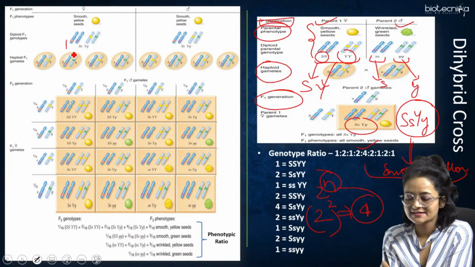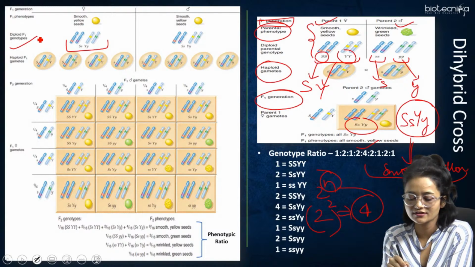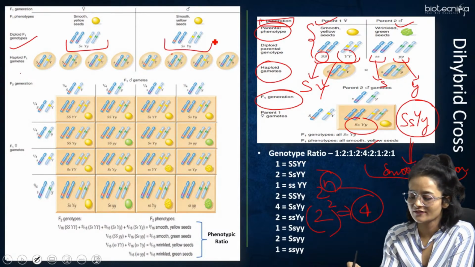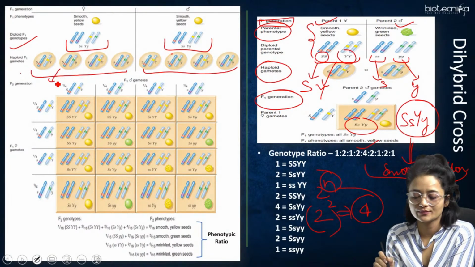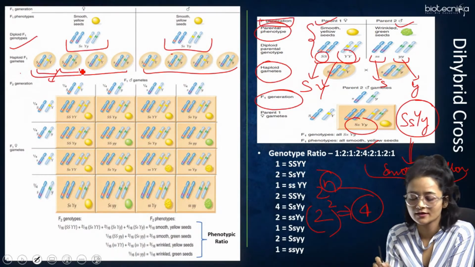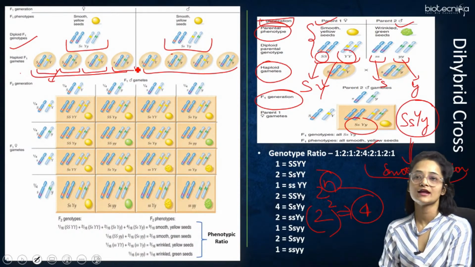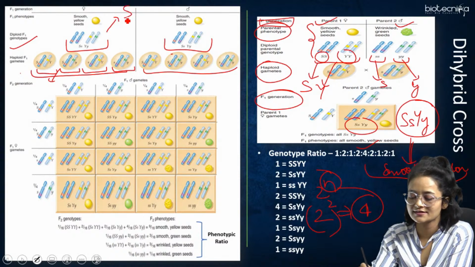When we do selfing, here is the diploid F1 genotype and here is the haploid F1 genotype. You can see that 4 different gametes are being produced: capital S capital Y, capital S small y, small s capital Y, and small s small y. Now, how are they produced? Suppose we have taken capital S and small s, right?